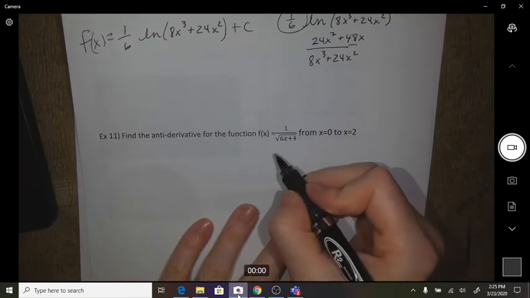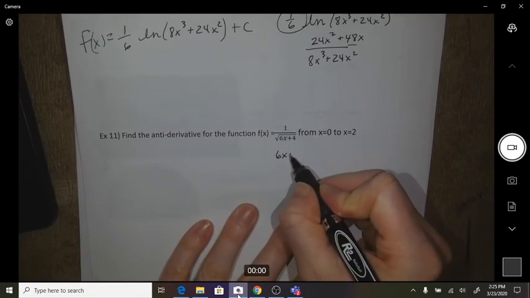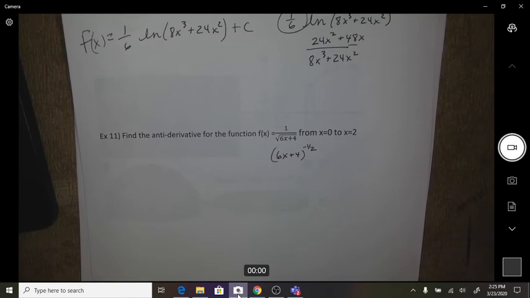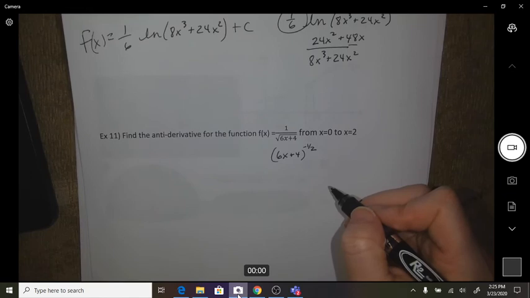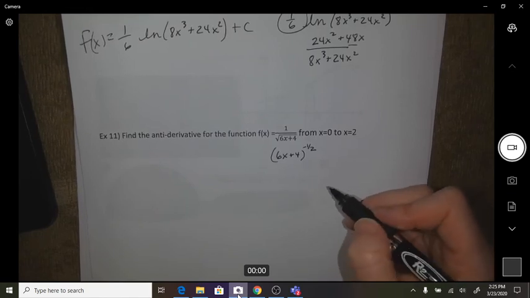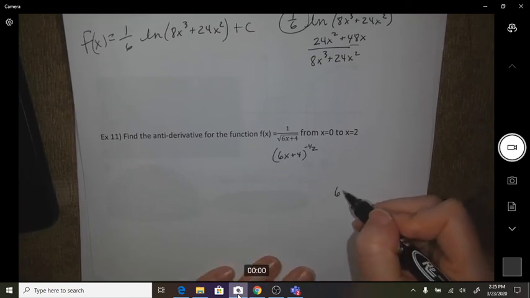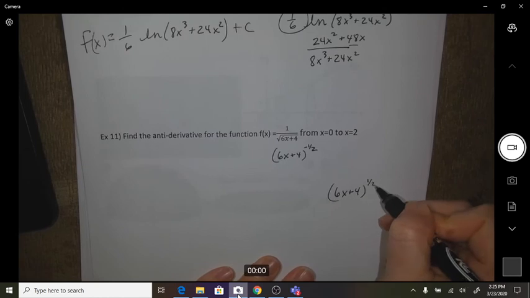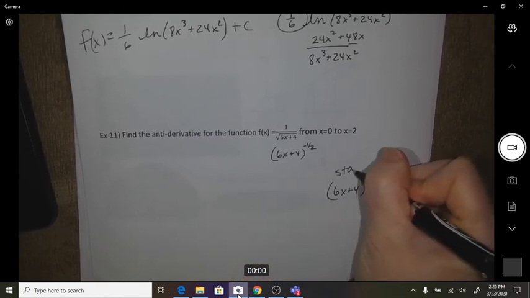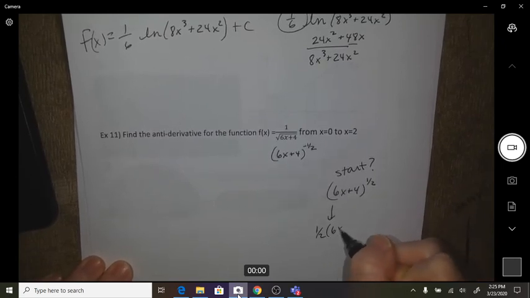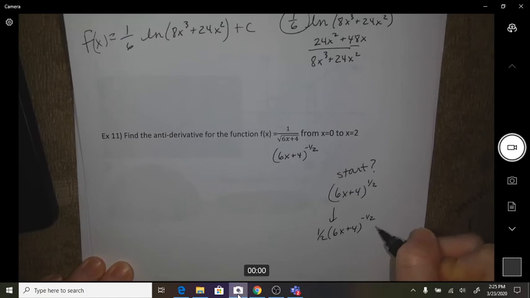Next one, I'm going to rewrite this with an exponent of -1/2 on it. It's the same thing: square root is the half, and when it's on the bottom, it's negative. Therefore, what would I have started with? 1 exponent bigger is a half. So let's derive. I get a half of that to the negative a half times the derivative of the inside.